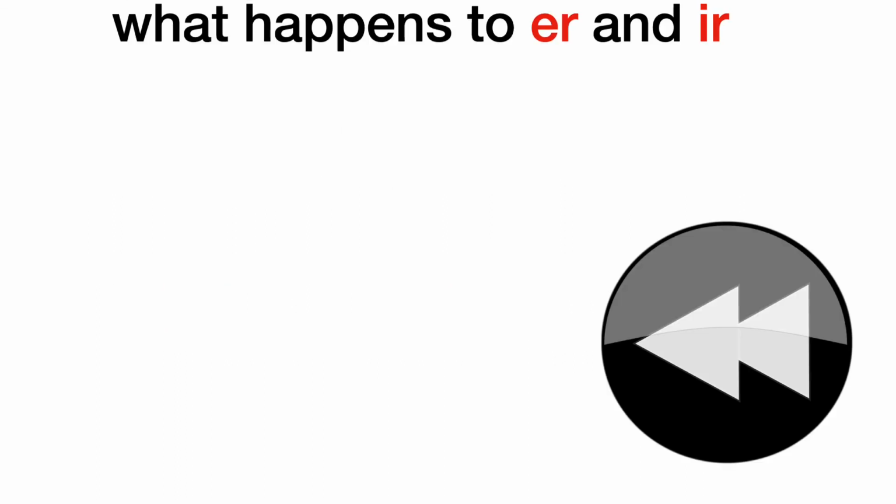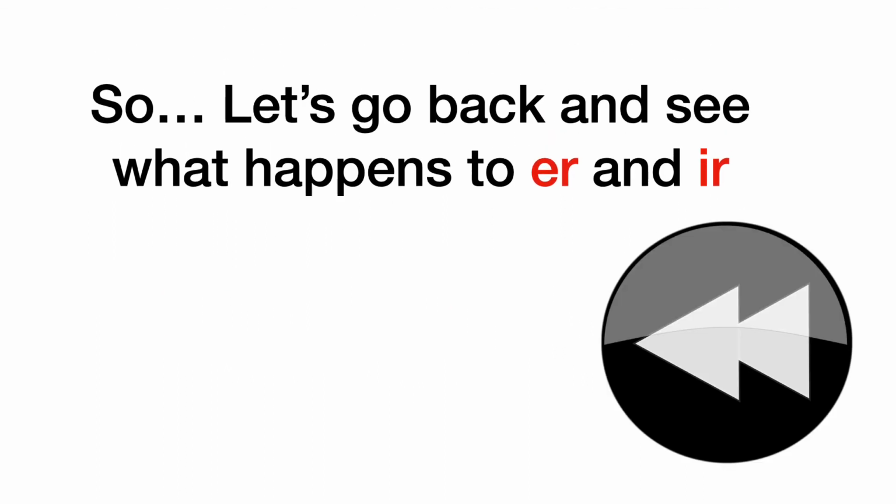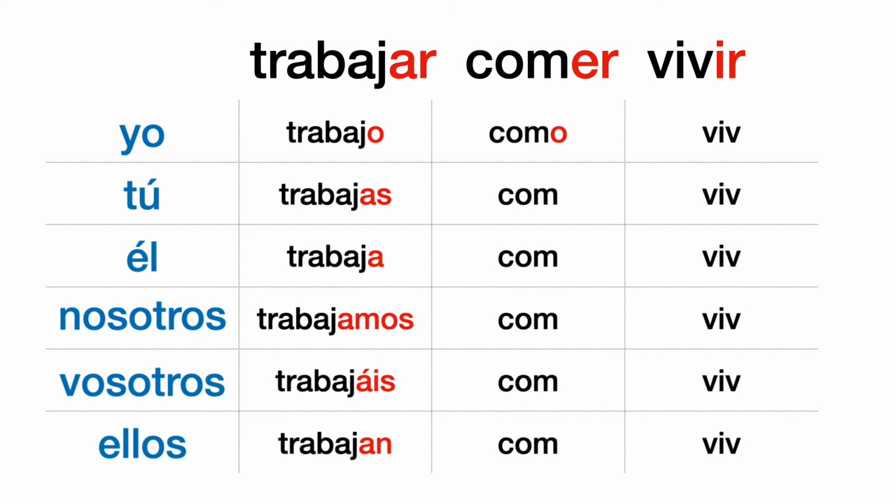But let's go back and see what happens with -ir, because you must be wondering, okay, you talk only about "tomar." Well, let's look at "comer." It will change only the red part: como, comes, come, comemos, coméis, comen. You see, slightly different from "tomar," although the "yo" is the same. "Vivir" is also very similar to "comer," they copy one another.